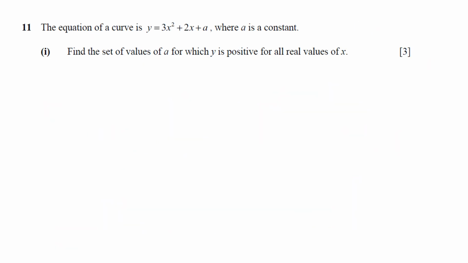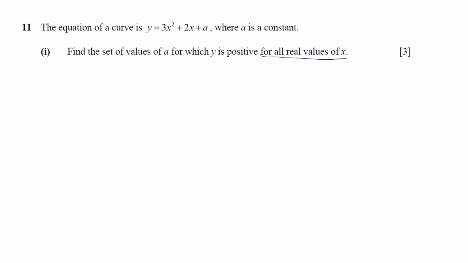Right, let's look at the next question. This one here, you have the equation of the curve y equals 3x squared plus 2x plus a, where a is a constant. Find the set of values of a for which y is positive for all real values of x. Okay, when they say all real values of x, please do not confuse it with all real solutions, or all real roots.